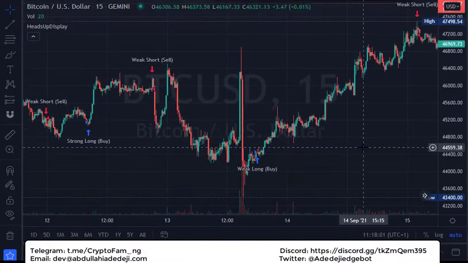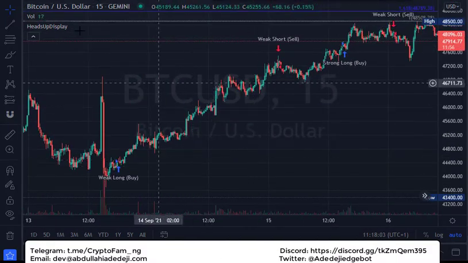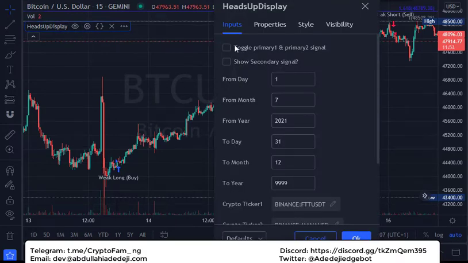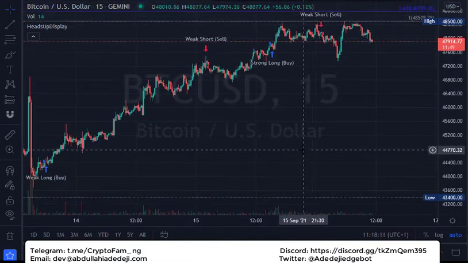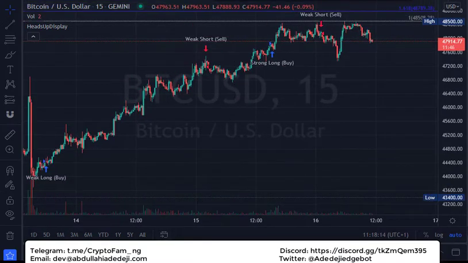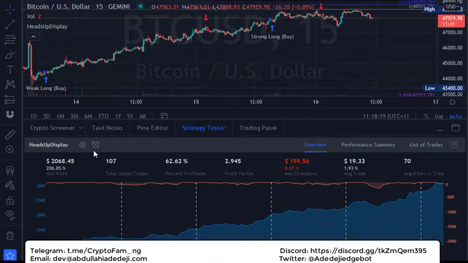I personally work with primary signal 2. I have this turned off, and that's what I trade. The performance of primary signal 2 is better than that of primary signal 1. You can see here primary 2 in the period under review would have taken 107 trades with 62.62% accuracy, 2.945 profit factor, and a net profit of 206.